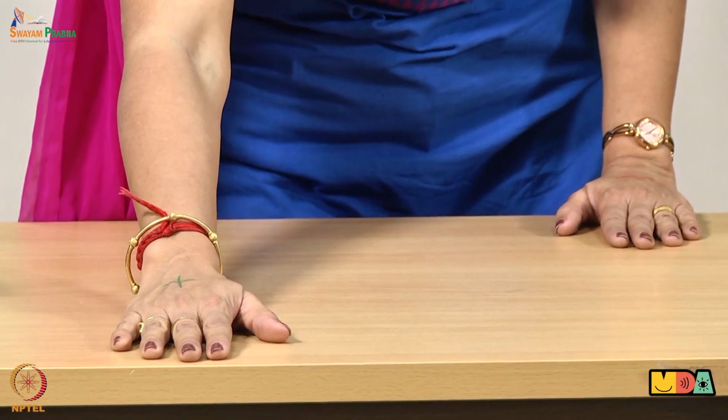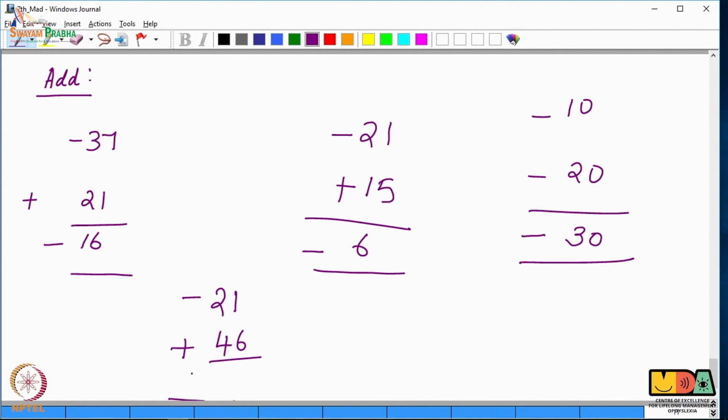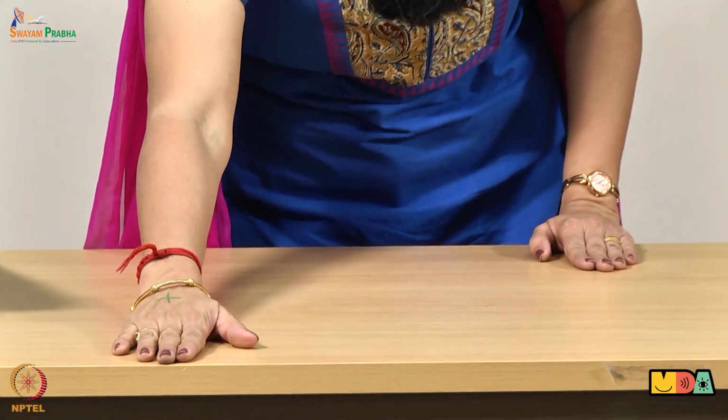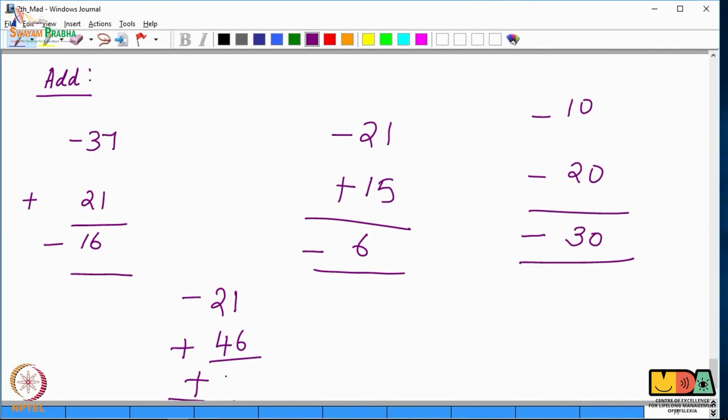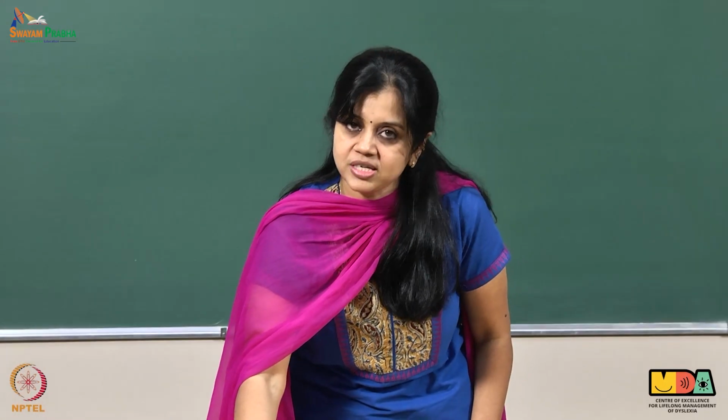Which hand is on top? Plus hand. So, they put the plus sign, and when they use two different hands, they have to subtract. So, once they subtract 46 and 21, they get 25. So, minus 21 plus 46 will give you plus 25.